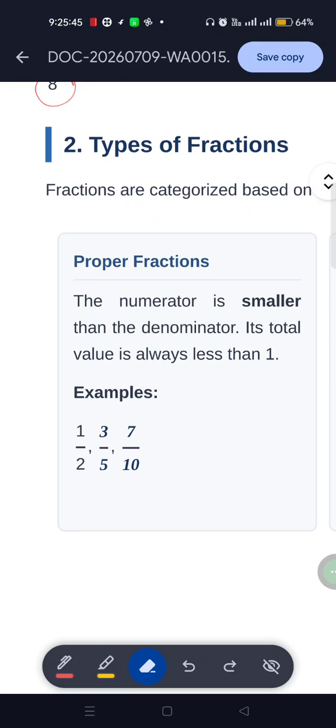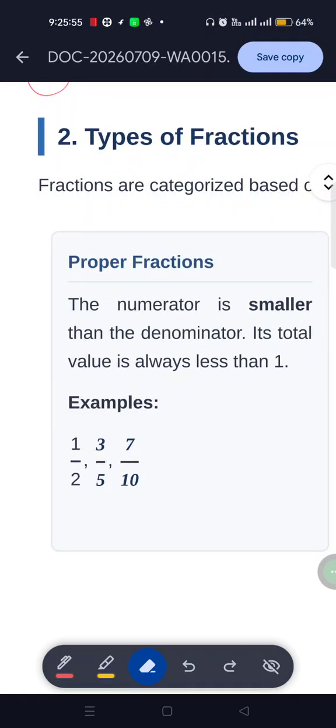What is a proper fraction? In a proper fraction, the numerator is smaller than the denominator, and its total value is always less than 1.